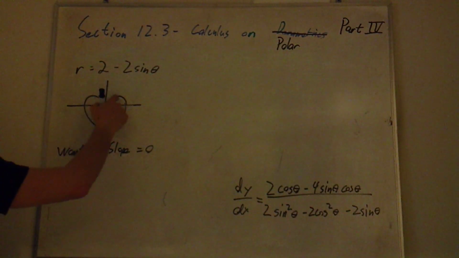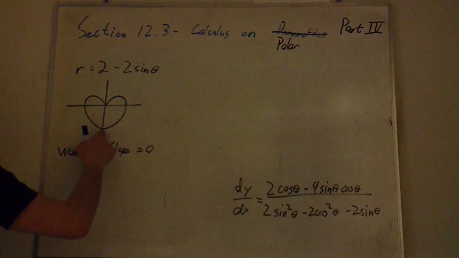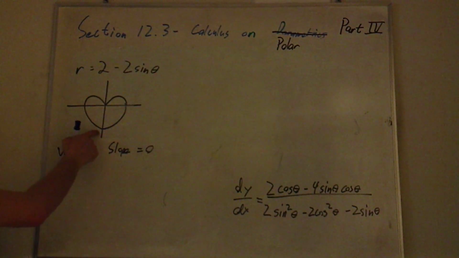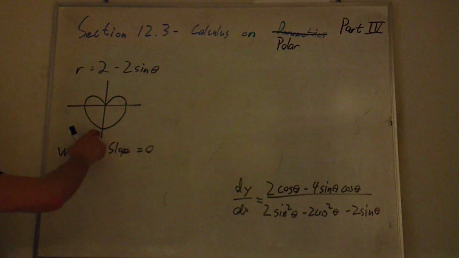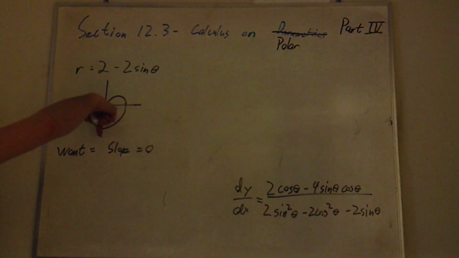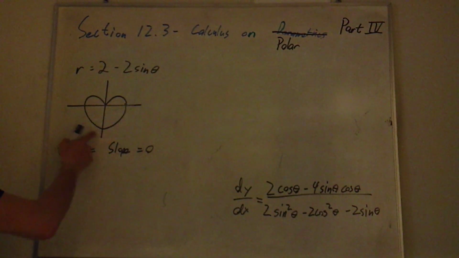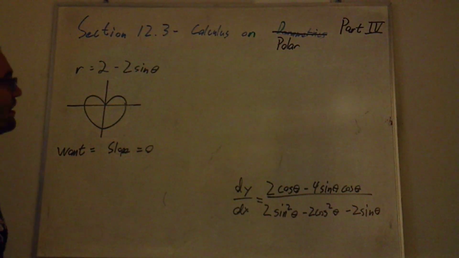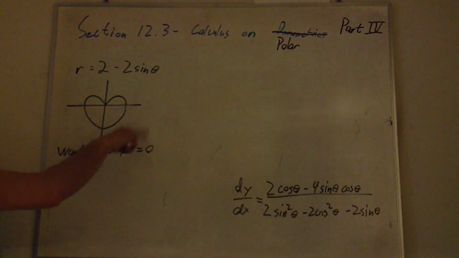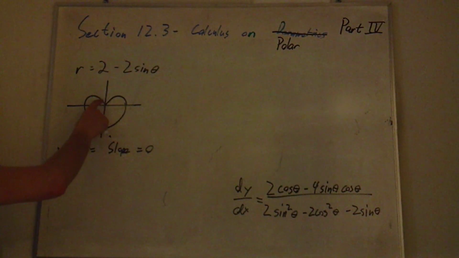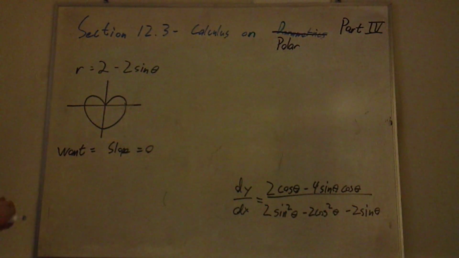So probably there'll be one over here, probably there's one on the bottom. I can already guess what this one is. I bet there's going to be one at 3 pi over 2. 3 pi over 2 is the angle that's going to point me straight down. Seems like I should have a min there. We can find out for sure by doing this math. There might be one in the middle. There might be some weird nonsense in the middle. We need to talk about the middle more, but not right now.